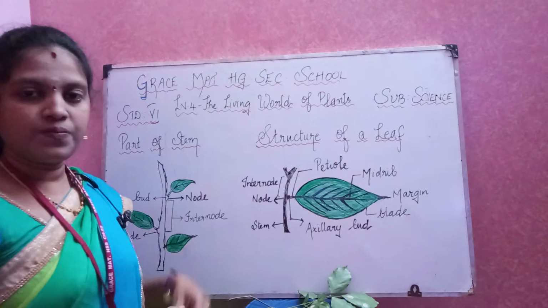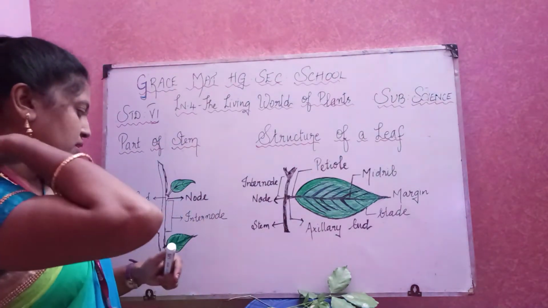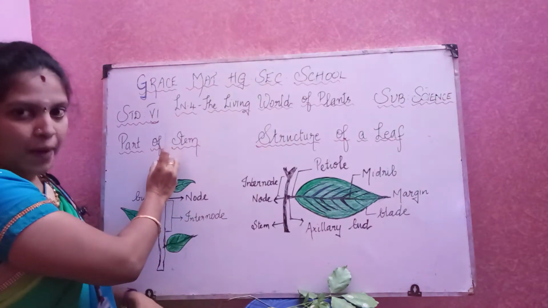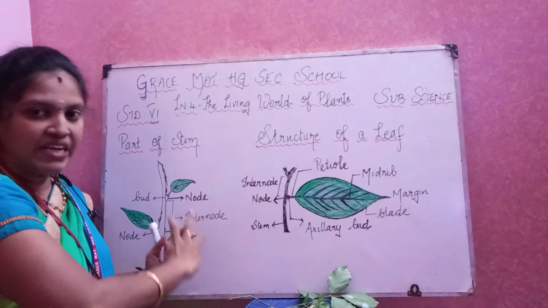Now we are going to go through the stem. What is the structure of the stem? First, you have the axis part, that is the stem. From the stem you can see the leaves arising.